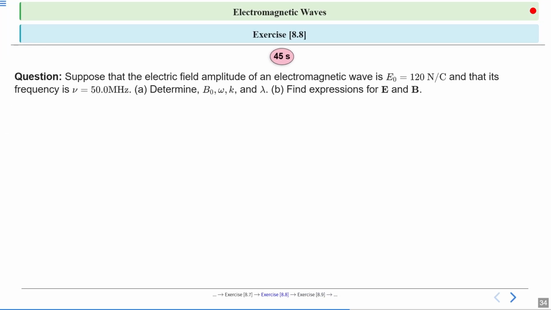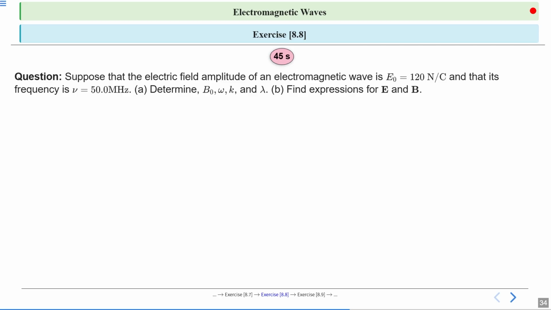Next question. Suppose that the electric field amplitude of an electromagnetic wave is E naught equal to 120 Newton per Coulomb, and that its frequency is nu equal to 50 megahertz. E naught is given, frequency is given. Determine B naught, omega, K and lambda. So you have to calculate wave number K, omega, B naught and lambda.